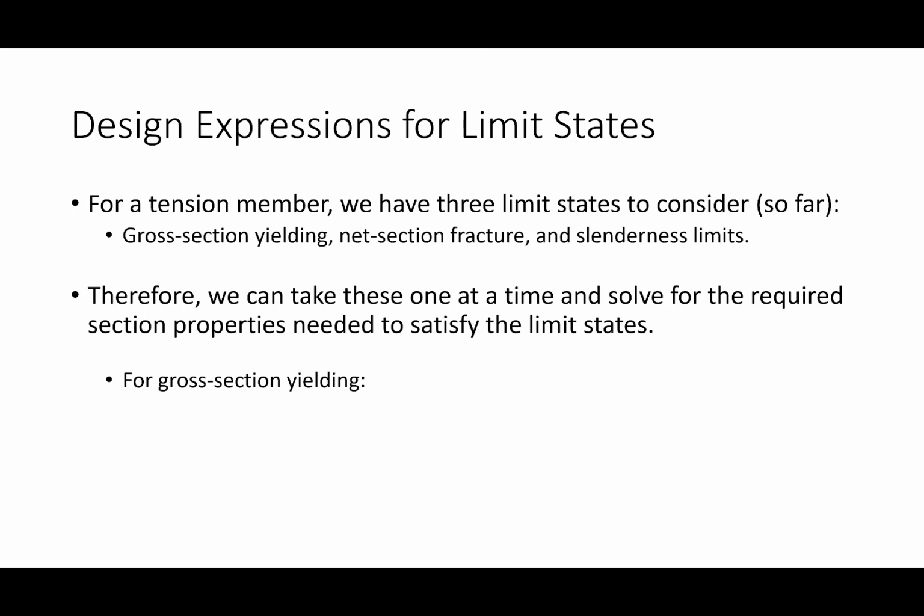So with gross section yielding, if we look at our expression, we say resistance is greater than or equal to loads. The loads are just the factored loads, okay, and the resistance, according to that limit state, is 0.9 F_y A_g. So if I know what the grade of steel is, I can divide both sides by 0.9 F_y, and I can solve for this.